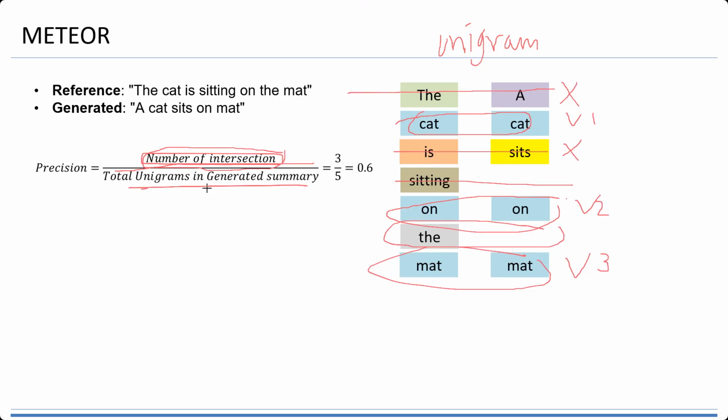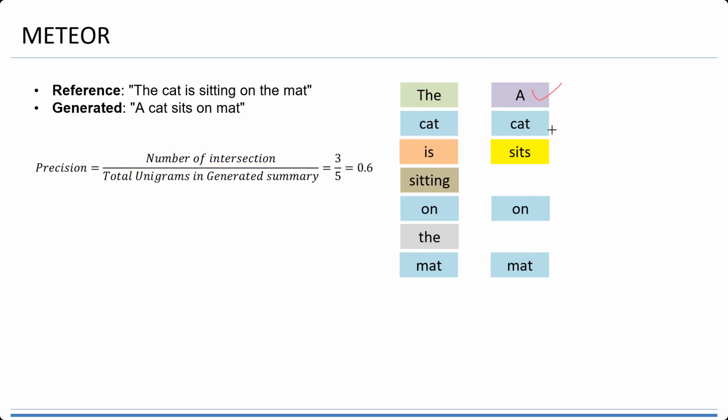And the total unigrams in the generated summary, we have 1, 2, 3, 4, 5. Then there are 3 tokens that are available in the reference among 5 tokens in the generated summary, so the precision is 60% or 0.6.